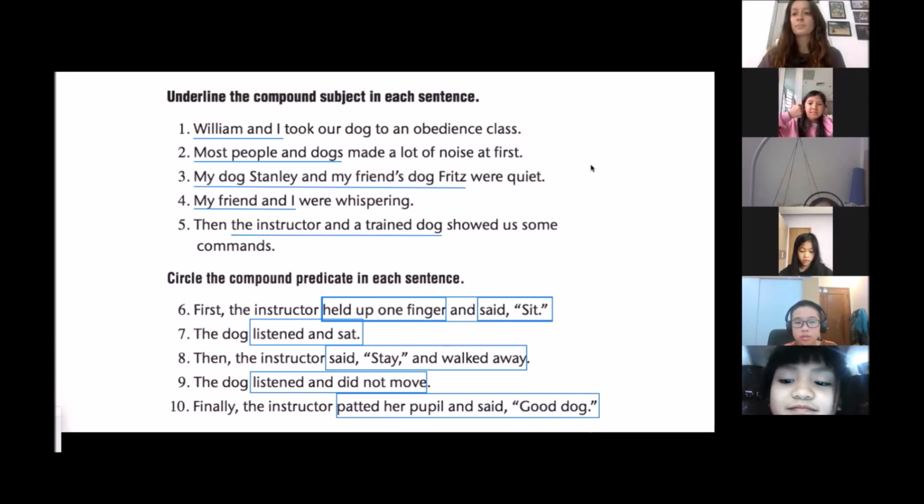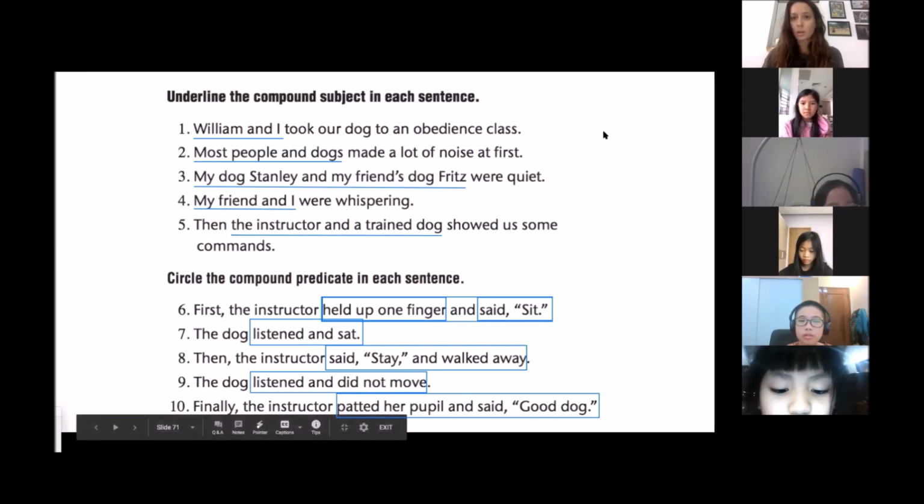Medium. Did you have trouble with any of them? Yes. Which one? Tell me. The number 5. What did you put for number 5? I underlined then. Okay. Do you know why then is not included in the subject? Yes. Okay. Anyone else have trouble with one of them?